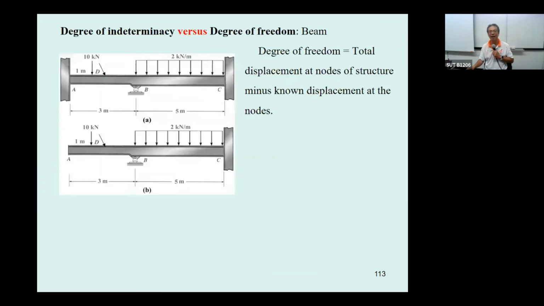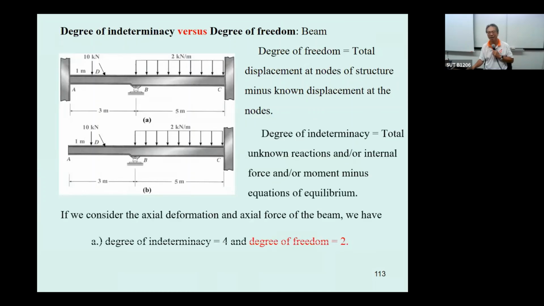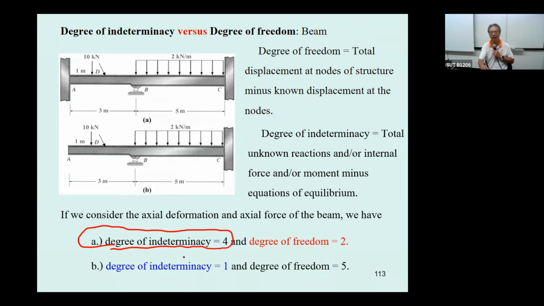And then the degree of indeterminacy, I did show you guys an example already. This is a good example to check the degree of indeterminacy and the degree of freedom. When the degree of indeterminacy is high, the degree of freedom is low.